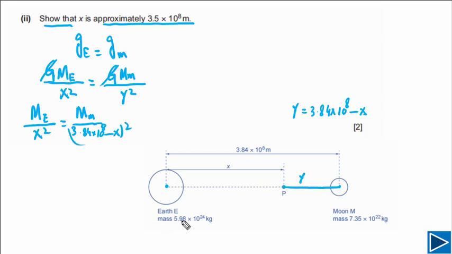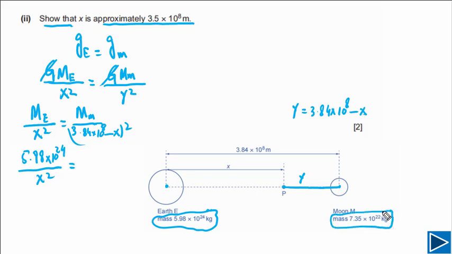Now we need to plug in the values. The mass of our planet is given: 5.98 times 10 to the 24, divided by x squared. And the mass of the moon is given: 7.35 times 10 to the 22, divided by 3.84 times 10 to the 8 minus x, squared. Now we have to find the value of x, so we solve this for x.